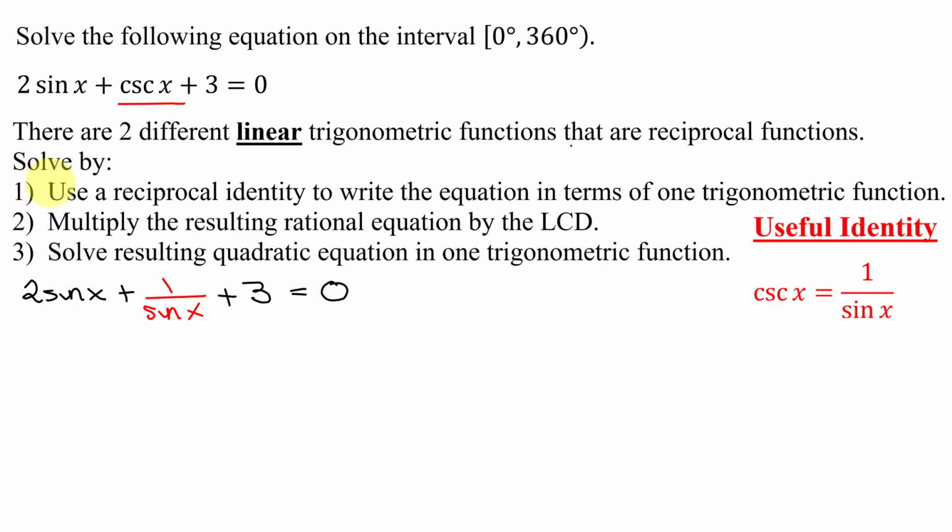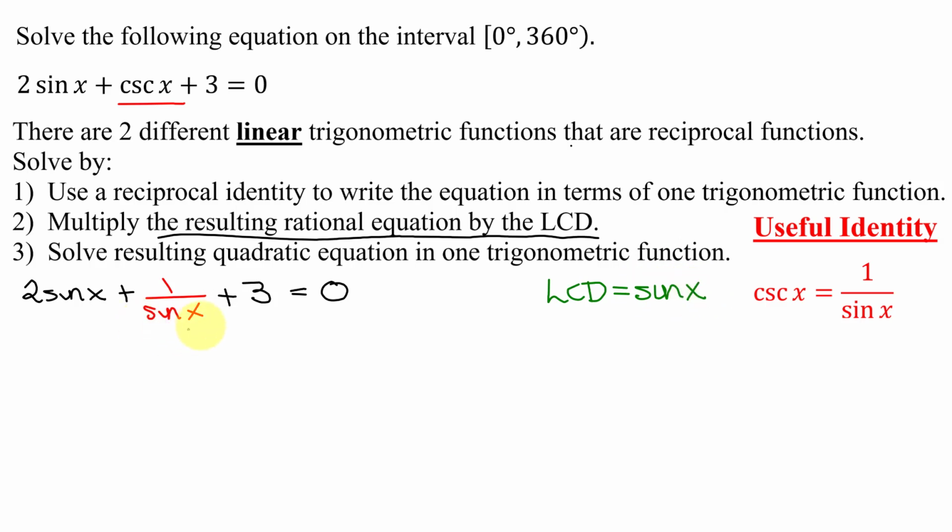So I've taken care of step 1. Step 2 says multiply the resulting rational equation by the least common denominator. So in this case, what is the LCD? I only have one denominator, so that is the LCD. It's the sine of x.